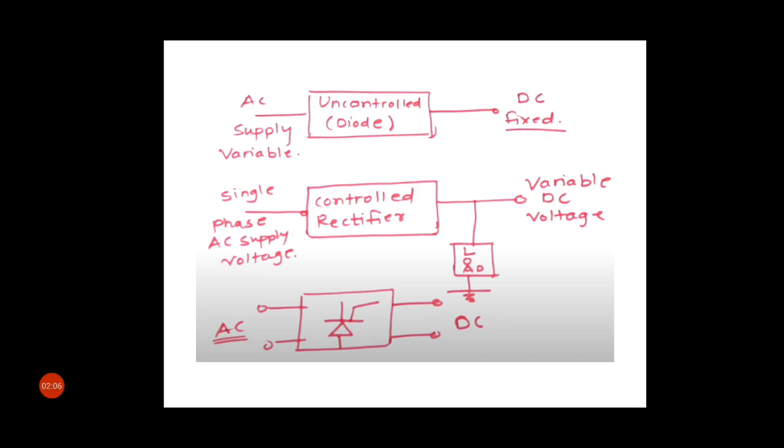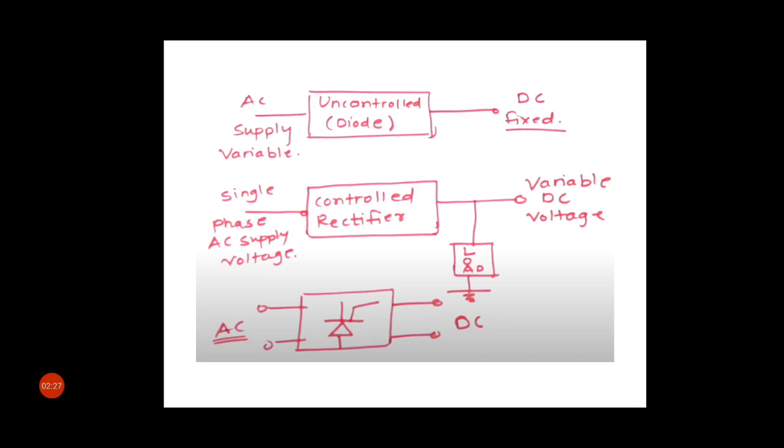But what if I want variable DC? Okay, so to attain variable DC voltage at output, you should have the controlled rectifier.